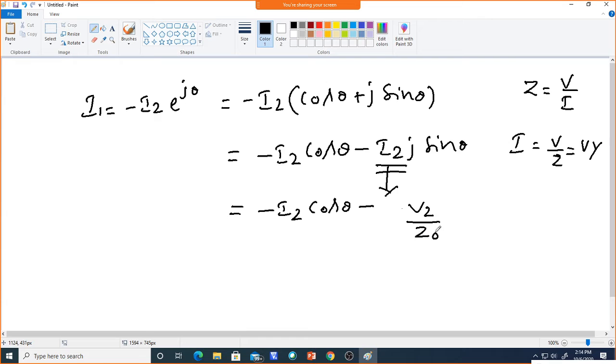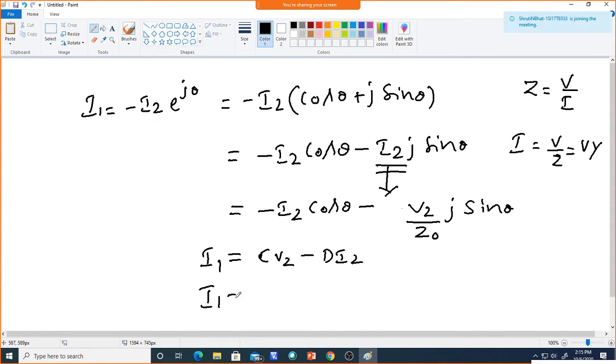So this is V2 by Zj into sin theta. Now compare this with the I1 equation, I1 equal to C into V2 minus D into I2. So what is C?